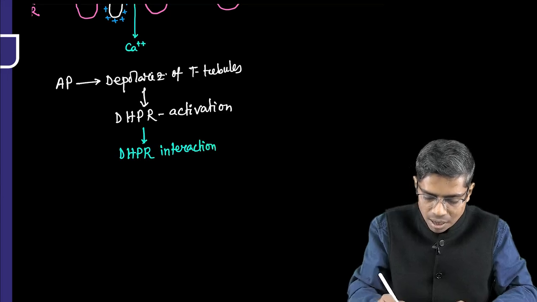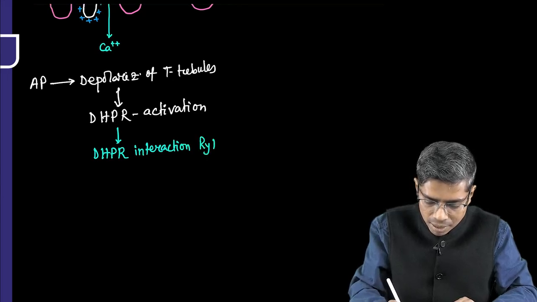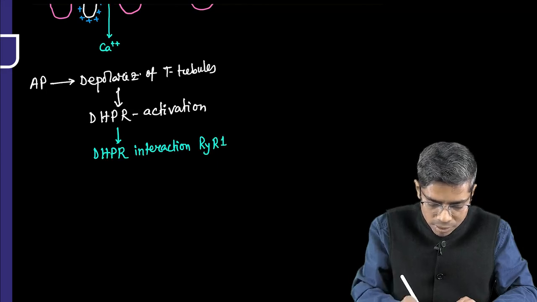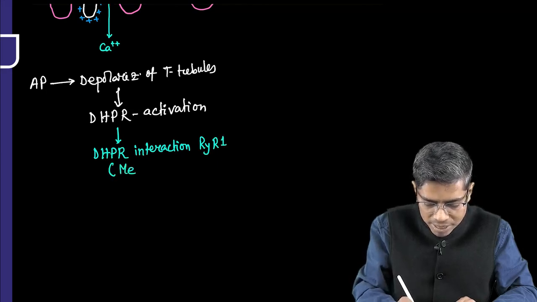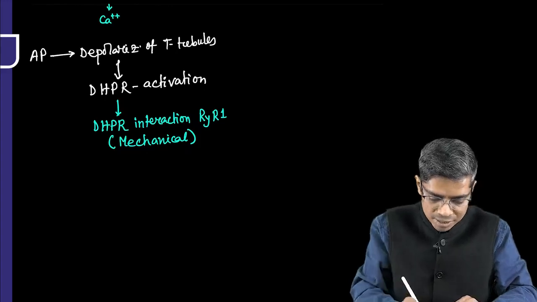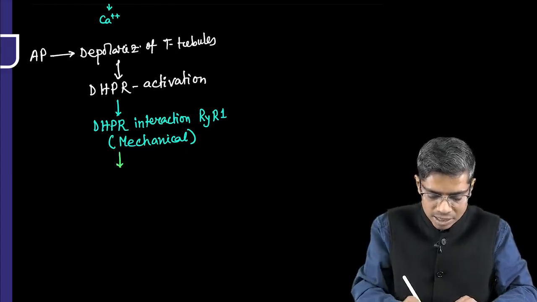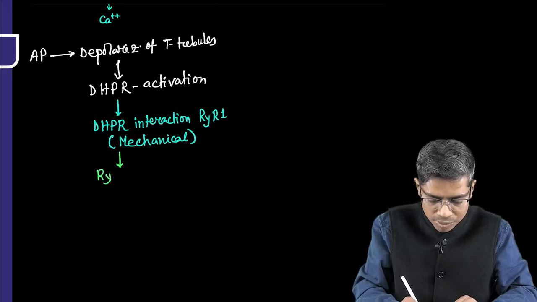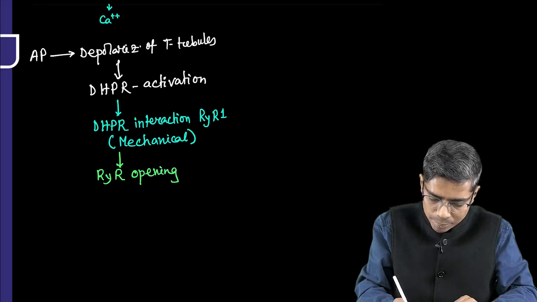with RYR type 1 channel. What kind of interaction? Mechanical interaction or physical interaction, and because of this mechanical interaction, the RYR channel will be twisted, and because of which RYR channel opening is going to happen.